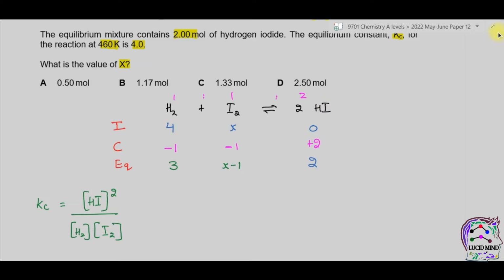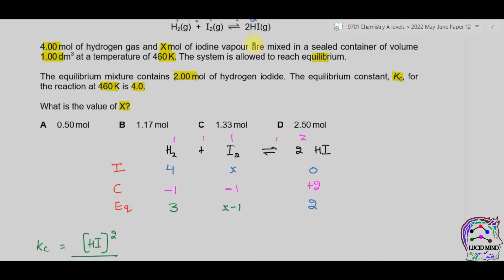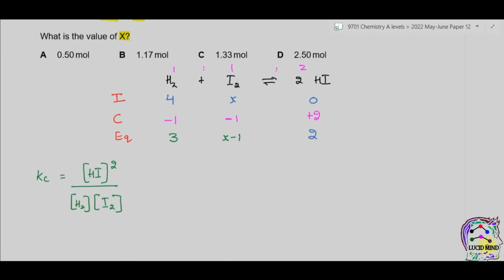Now as the question gives the volume as 1 decimeter cube, concentration is equal to moles divided by volume. Anything divided by 1 is the same, so we can take number of moles as concentration. There will be no difference. So the number of moles of hydrogen iodide at equilibrium is 2, so it will be 2 squared divided by 3 into X minus 1.